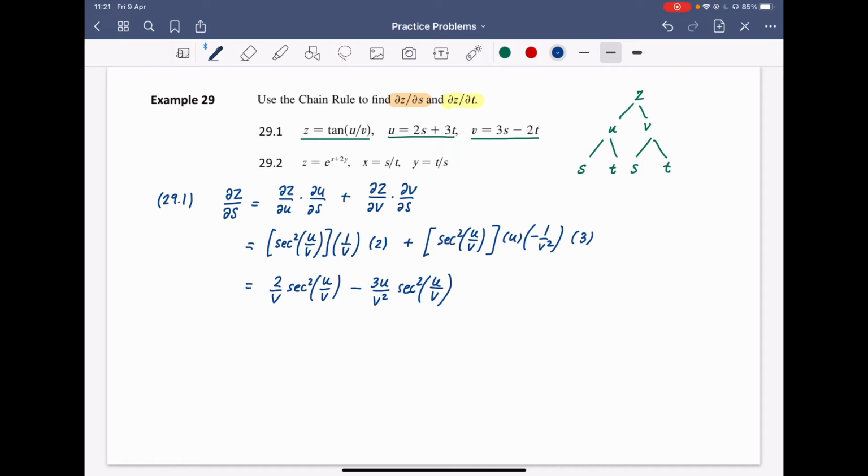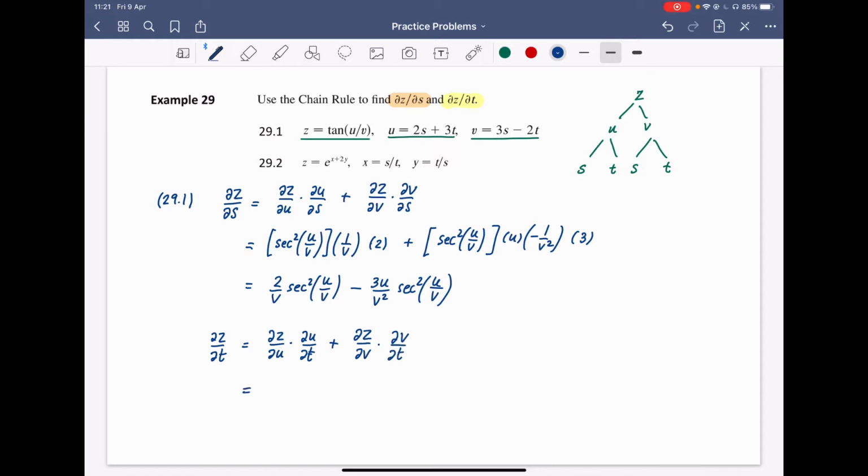Next, we're still on 29.1, but we're going to find another one. We need to find ∂C/∂T, which is ∂C/∂U times ∂U/∂T, plus ∂C/∂V times ∂V/∂T.